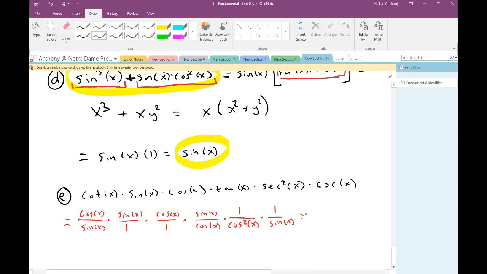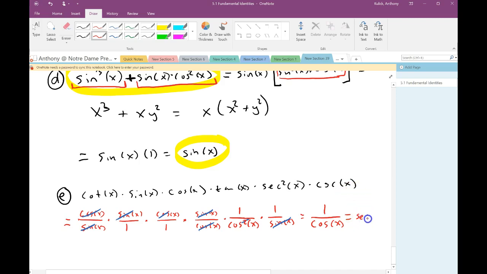Okay, so let's start crossing things off. I notice that I have a sine and a sine. Those can cross off, correct? I have a cosine and a cosine. Those could cross off. Another sine and another sine. And then I have a cosine that can cancel the squared on the cosine squared. So the numerator only has ones in it, and the denominator only has a cosine x in it.